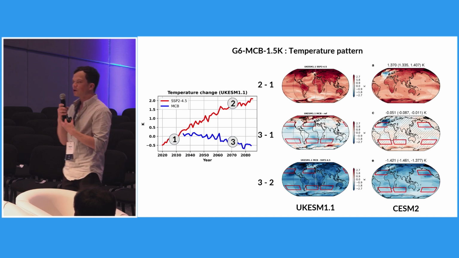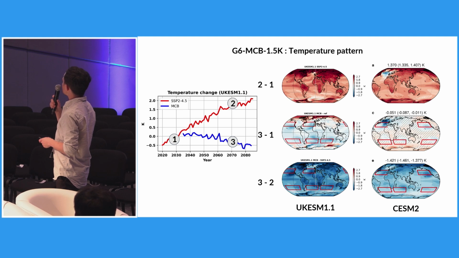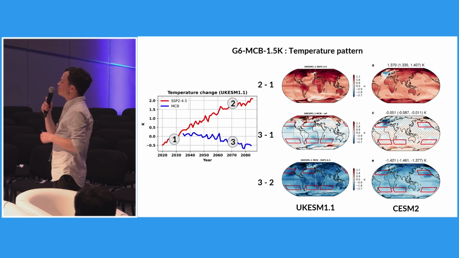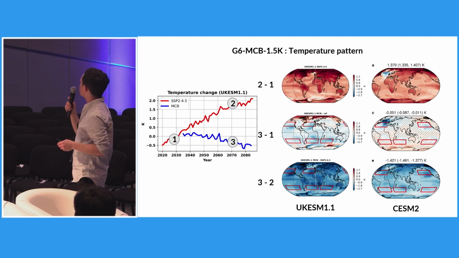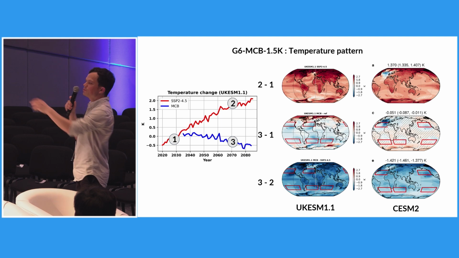And so then, yeah, you can look at the temperature patterns for each of these simulations. So the top plot is basically showing you the warming response from the greenhouse gas emission scenario. And then the middle row shows you the MCB temperature relative to the reference.